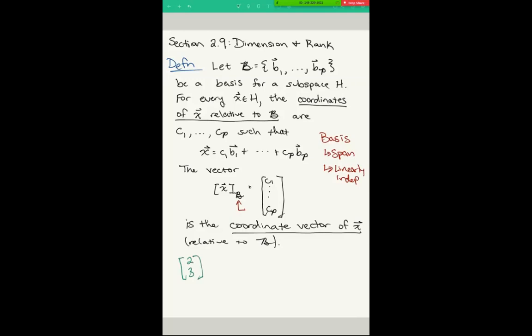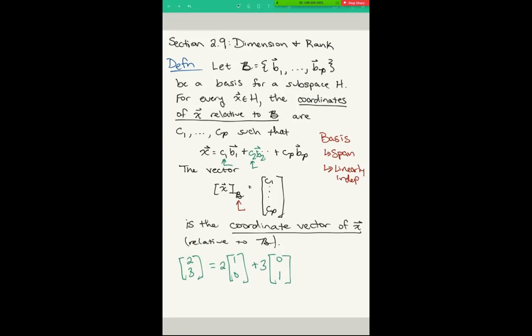This would say our x coordinate is 2, our y coordinate is 3. But what we're really saying is that we're taking two copies of e1, which is (1, 0), and we're adding to that 3 copies of e2, or (0, 1). So these are our weights, our c1 and c2, where our basis vectors were just those standard basis vectors. So we've actually used this coordinate system before.